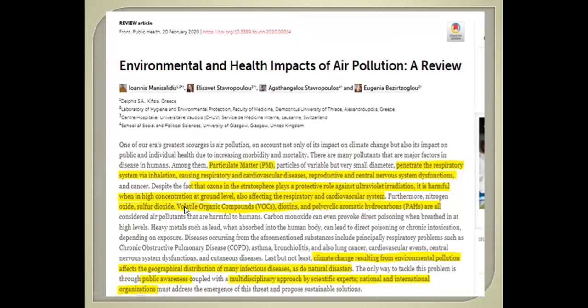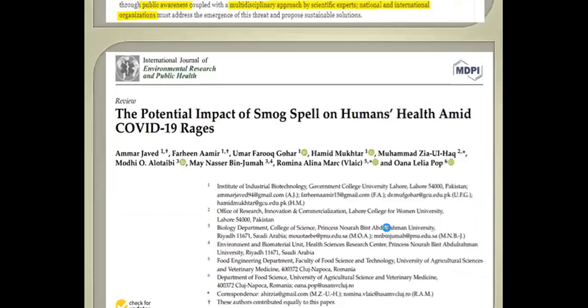Further, nitrogen oxide, sulfur dioxide, volatile organic compounds, dioxins, and polycyclic aromatic hydrocarbons are all considered air pollutants. Climate change resulting from environmental pollution affects the geographical distribution of many infectious diseases, as do natural disasters. And there is a need for public awareness and a multidisciplinary approach by scientific experts, national and international organizations to address the emergence of this particular threat.